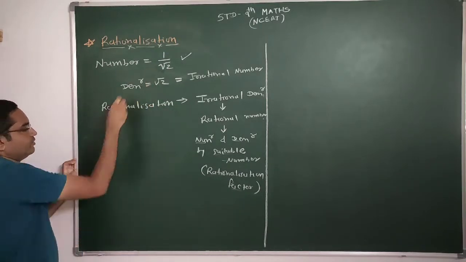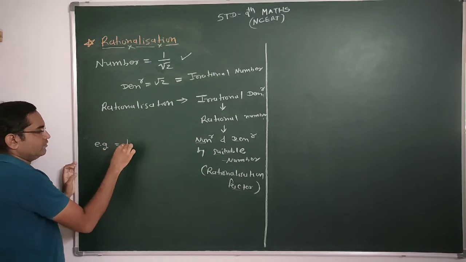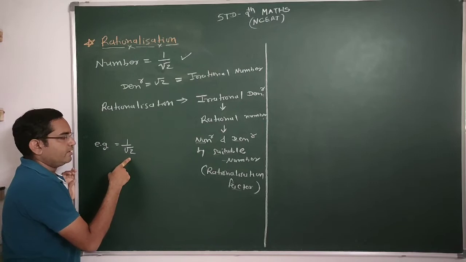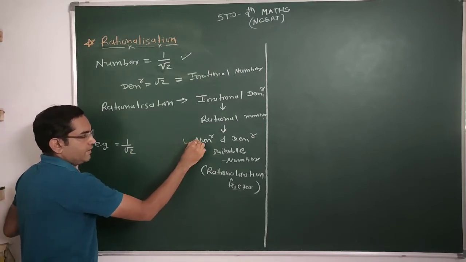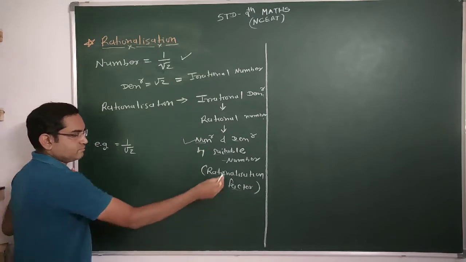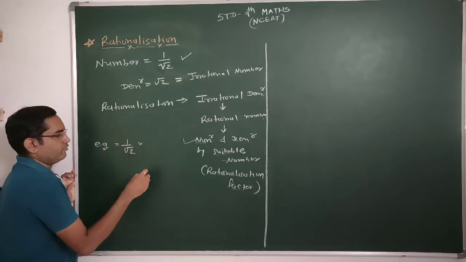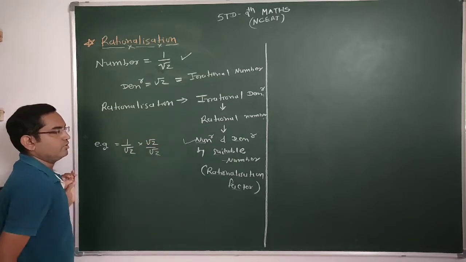Clear? For example, our given number is 1 upon root 2. Done? Here the denominator is an irrational number. So what you have to do? You have to multiply its numerator and denominator by some suitable number. That suitable number, for example, is root 2 upon root 2.